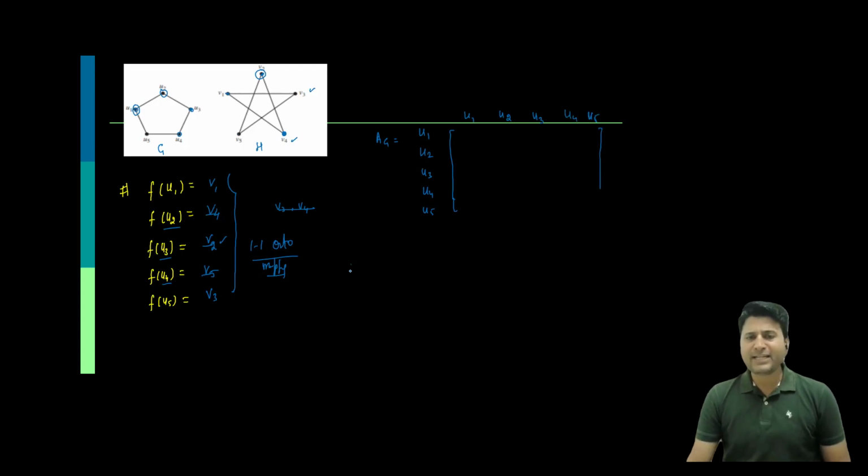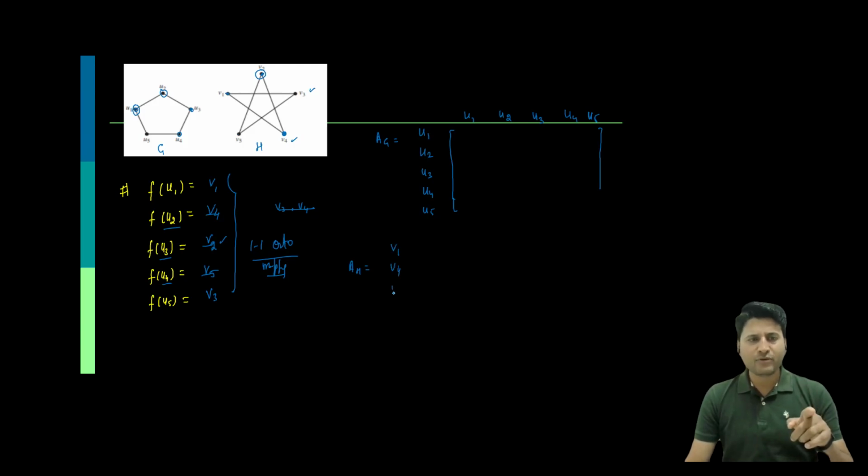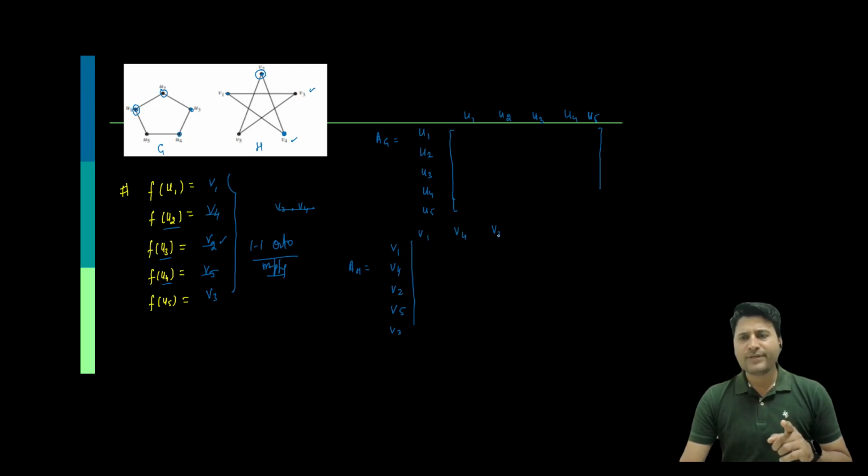Now for the graph H, A of H, it's not V1, V2, V3, V4, V5. It is as per the mapping, okay? So V1, then V4, then V2, then V5, then V3. Let us try to make mapping.